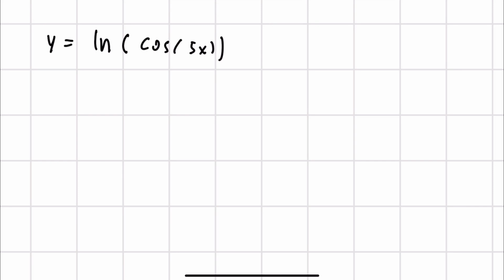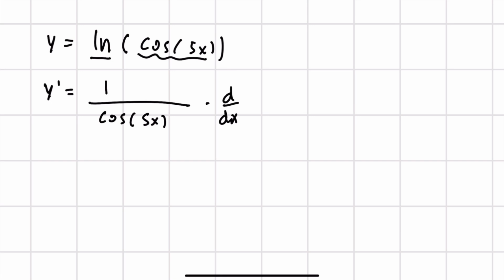In our next example, we have ln of cosine 5x. So the derivative of that would be, remember the derivative of ln is simply 1 over whatever we have in the inner function. So 1 over cosine 5x times the derivative of cosine 5x. So let's just denote that as d over dx of cosine 5x for this step.